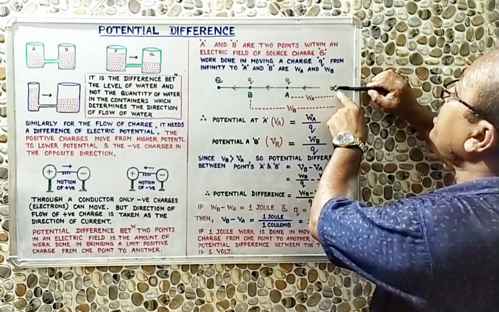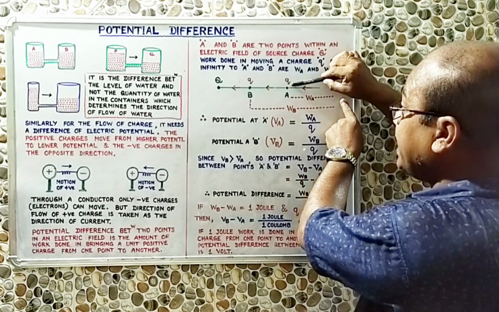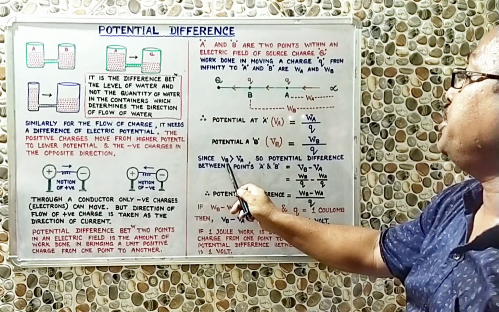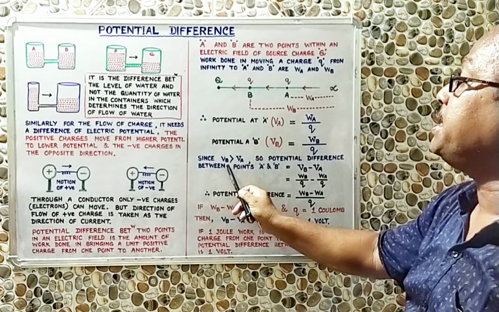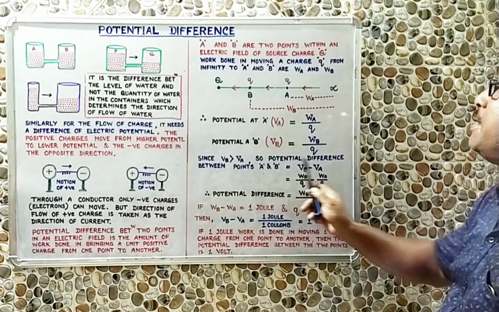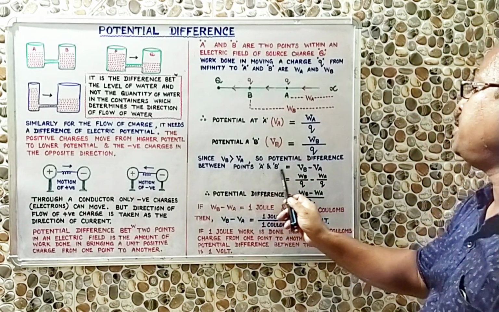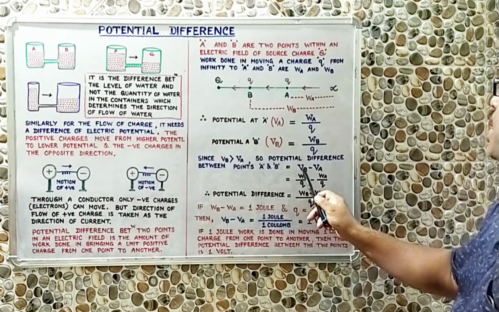Now, since we are doing more work in pushing the charge to B than A, obviously VB will be greater than VA. Means potential at point B will be more than potential at A. So the potential difference between these two points A and B will be VB minus VA. But what is VB?